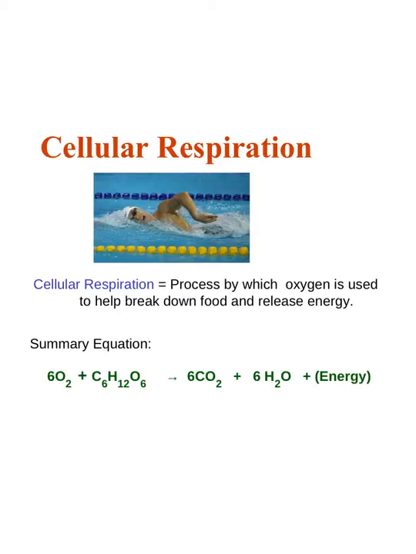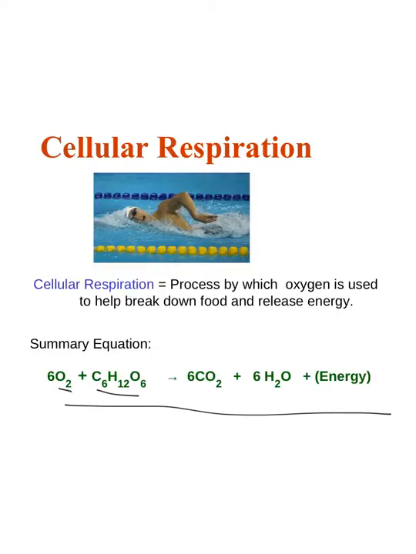If we look at the summary equation below, you'll probably notice that this is really similar to photosynthesis. As a matter of fact, if we take the summary equation for photosynthesis and turn it backwards, we've got cellular respiration. The products of photosynthesis, glucose and oxygen, are actually the reactants for cellular respiration.